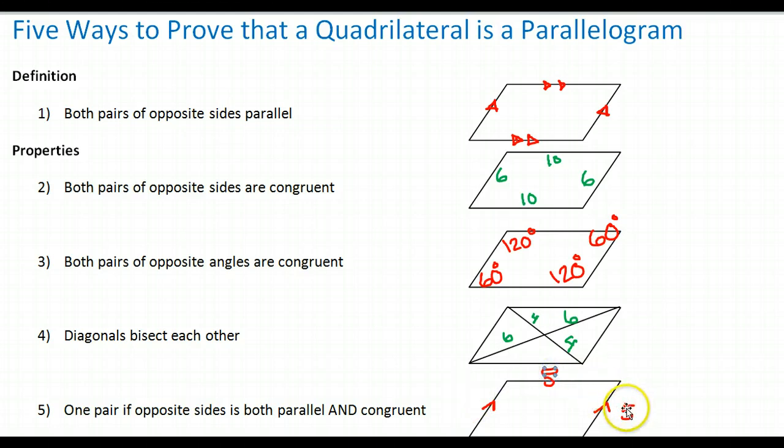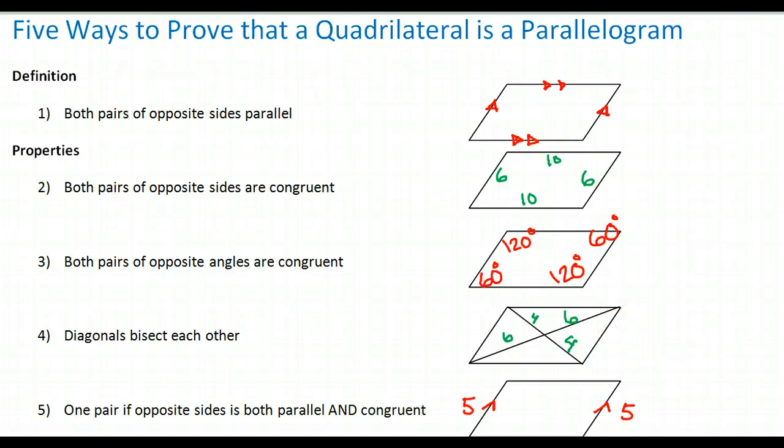If I knew that that was 5 and I knew that this was 5, this would not necessarily be a parallelogram. It has to be the same pair of sides that is both parallel and congruent if we're going to use this parallel congruent combo. Okay, it has to be the same pair like this.